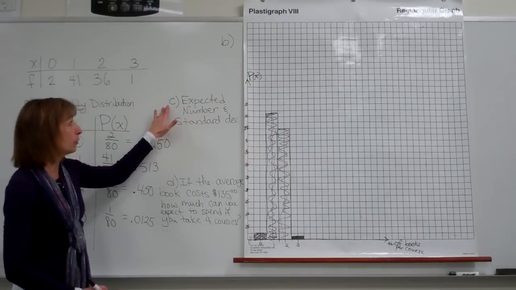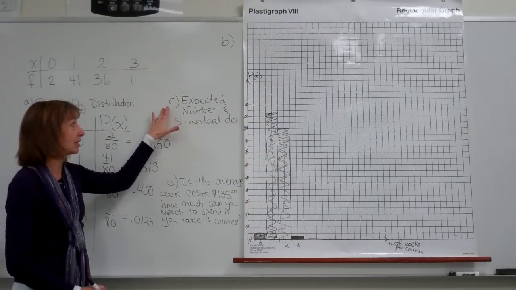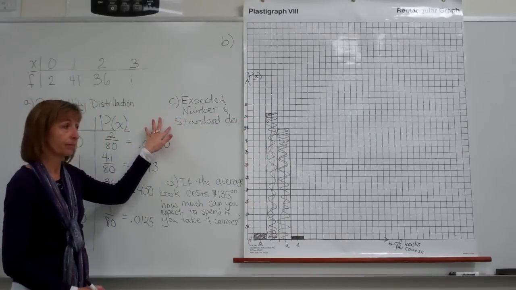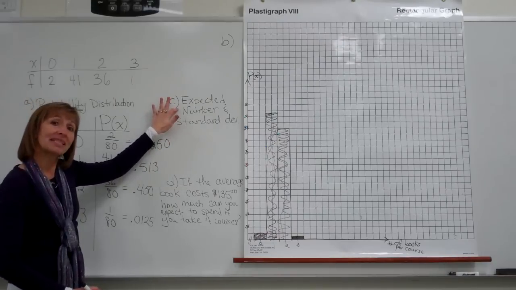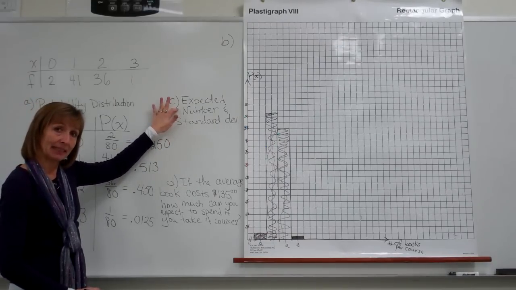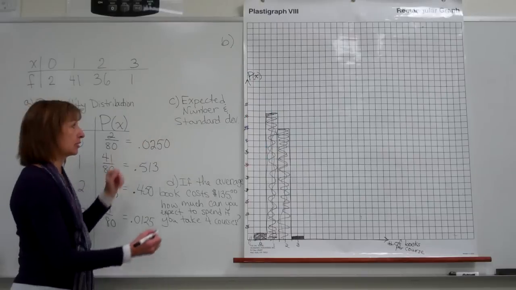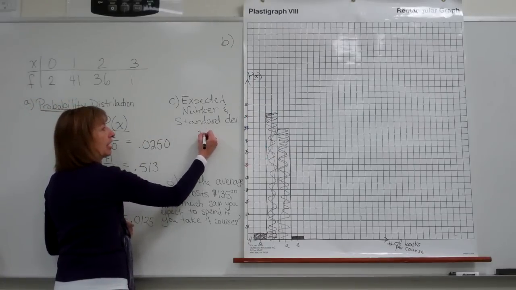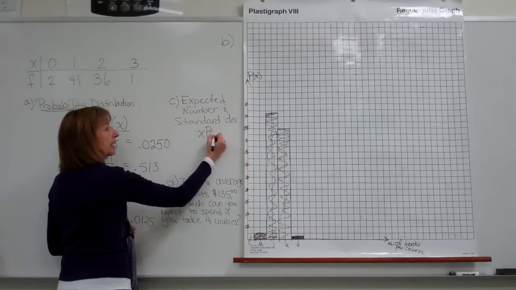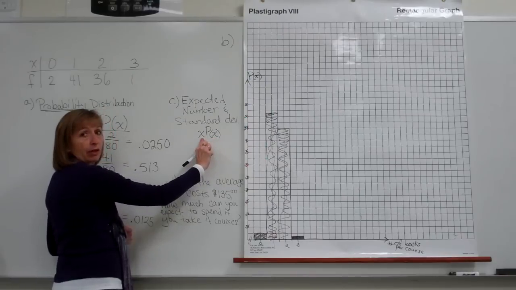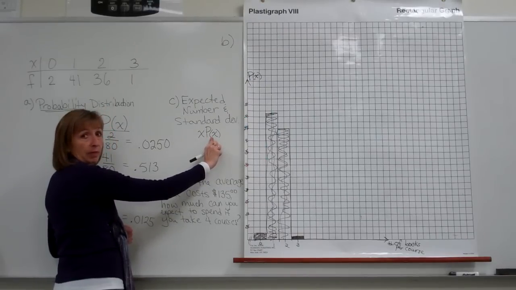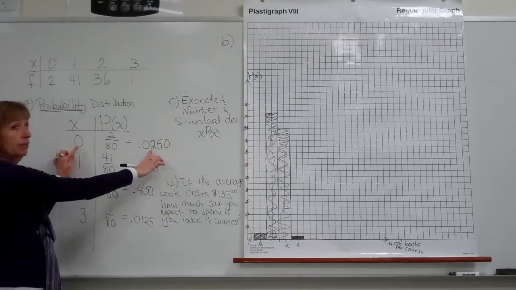Okay? Now, the third part is how to find the expected number and the standard deviation. Now, the expected number is the same as the mean. So, for the expected number or the mean of a probability distribution, you take each x times its probability. So, each random variable gets multiplied to its probability, and you do that for each of the values.